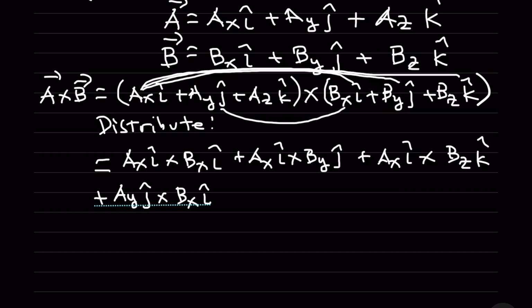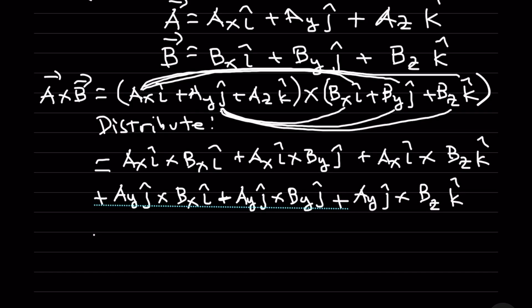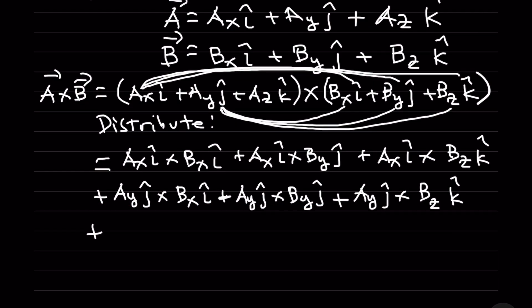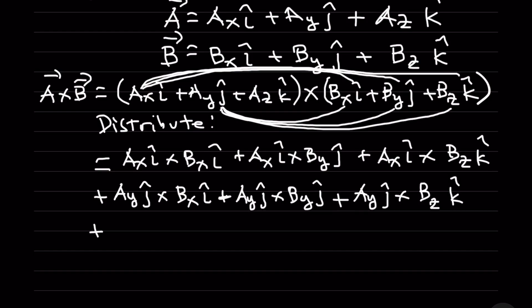So I am now distributing the second term, a_y j hat, to the components of vector B. Then finally, we distribute the last term, which is a_z k hat, to the components of vector B.